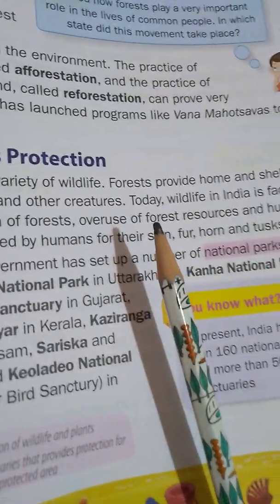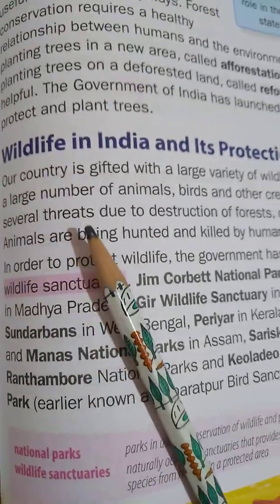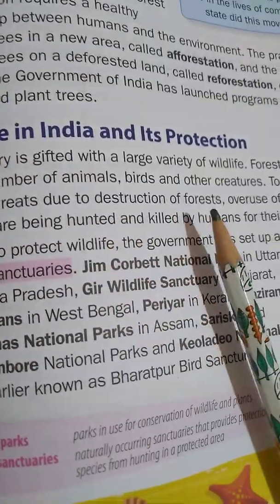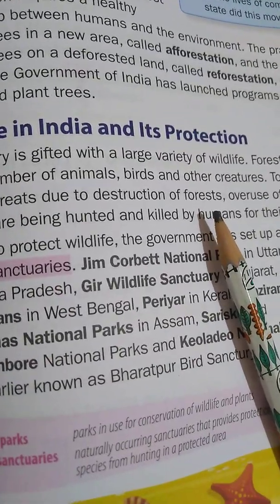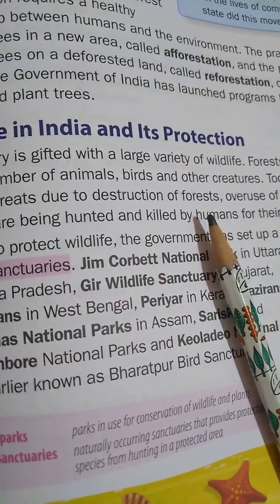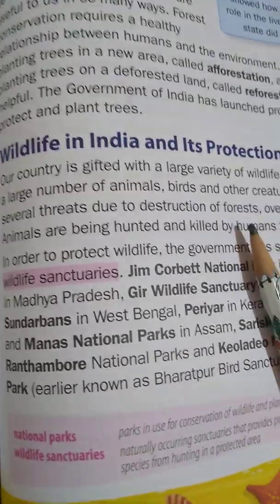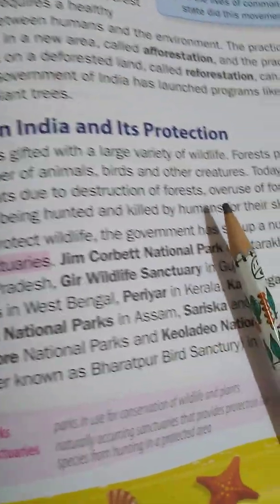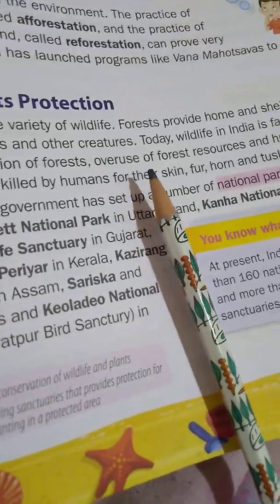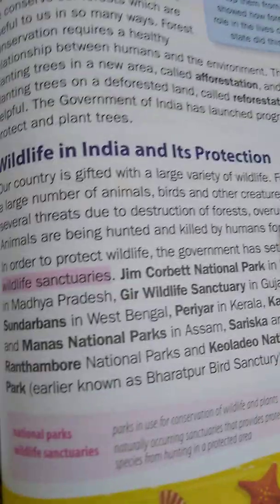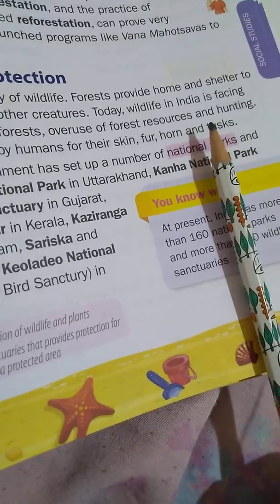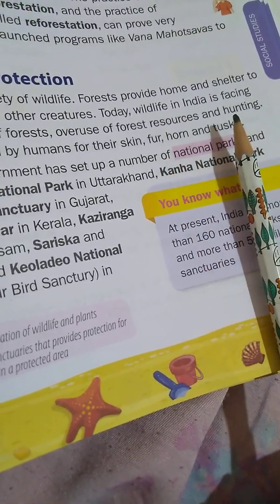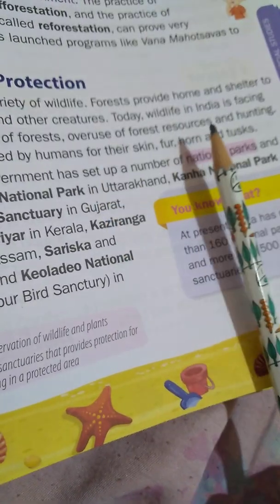Today, wildlife in India is facing several threats due to destruction of forest. So, wildlife, meaning animals, birds and creatures, are also facing several threats due to this deforestation, and overuse of forest resources and hunting. Overuse of forest resources means they are hunting animals, they are cutting trees, right?